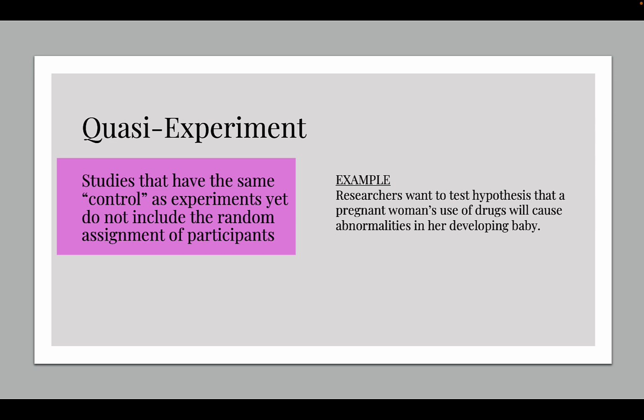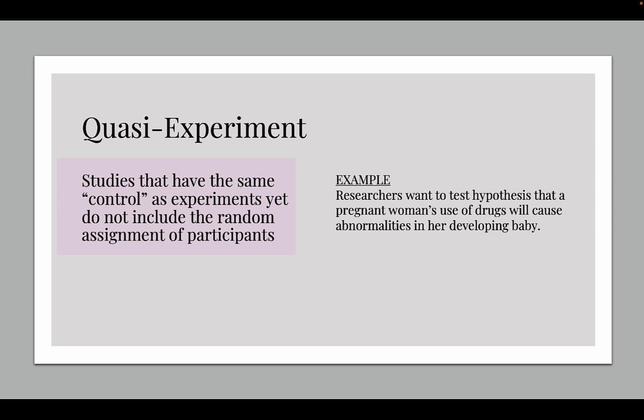Quasi-experiments are studies that have the same control as experiments, yet do not include random assignment of participants. Right? So that may not make a ton of sense for you right now, but it will when you take the experimental notes.